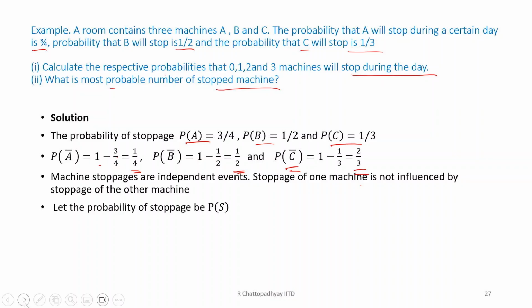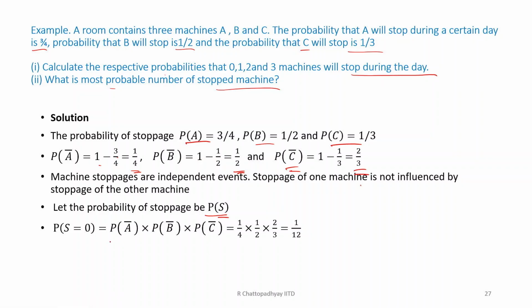Therefore, if we write the stoppage probability as PS, then PS for S equal to 0, that is stoppage will be 0, that means all will work, is PA complement into PB complement into PC complement. We multiply them, we get a figure 1 upon 12.